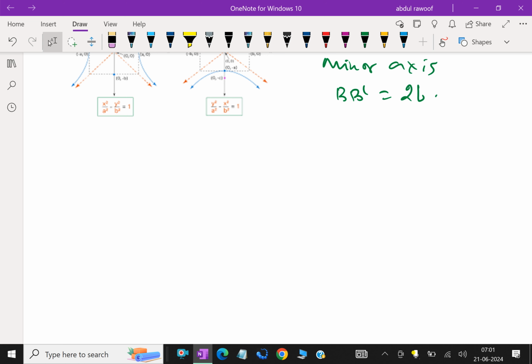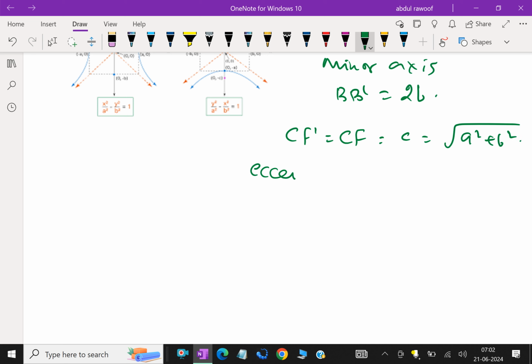The distance from the center C to F or F dash, CF, is small c, which equals the square root of a squared plus b squared. Eccentricity epsilon equals c by a, which is the square root of a squared plus b squared over a.